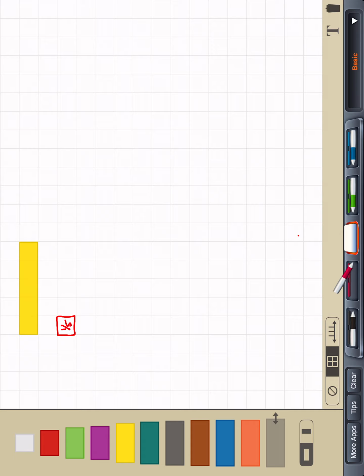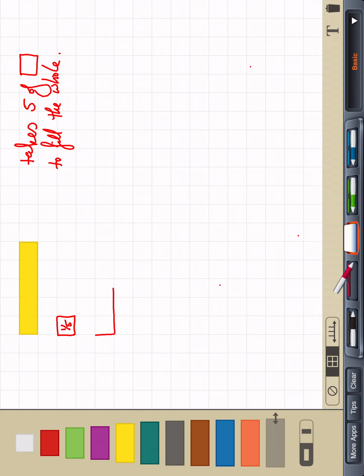Because you can see that it takes 5 of them to fill the whole. So if that's the case, then that's 1/5. And 3/5 would then be 3 of them.